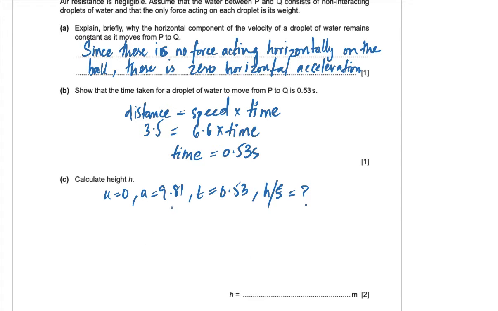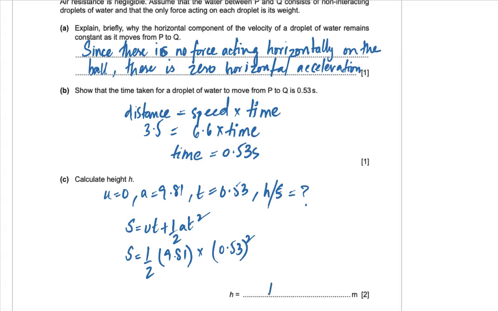Now you're supposed to use one of the four SUVAT equations, and the one I will use in this part is s equals ut plus half at squared. The displacement or the height that the water droplets cover is what you have to calculate. u here is 0, so 0 times anything will be 0, so we only write half times acceleration 9.81 times time 0.53 squared, and you get the displacement or the height as 1.4 meters.